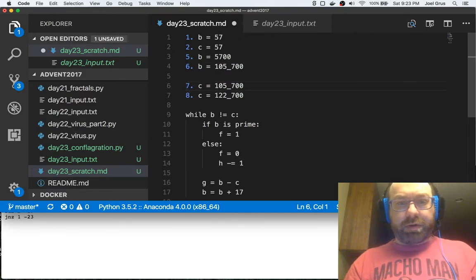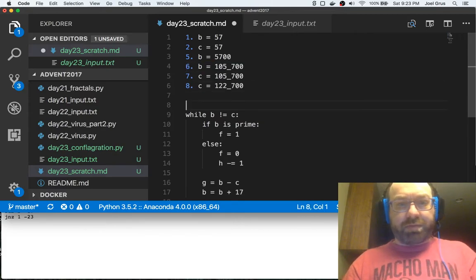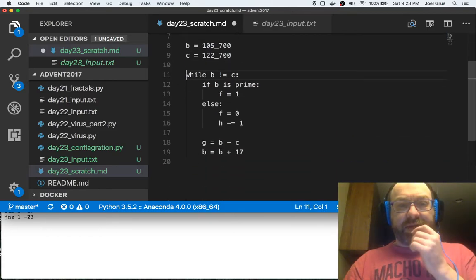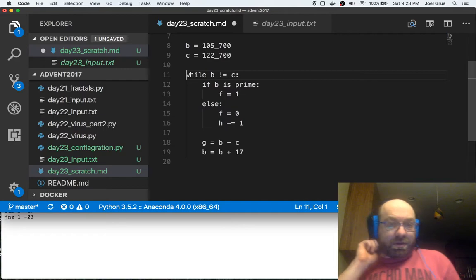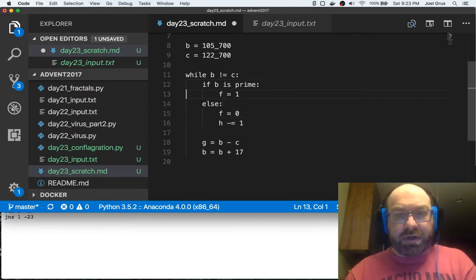So basically, what this program does, assuming we did it right, is the following. And we don't even need these F's now. If B is prime, do nothing.